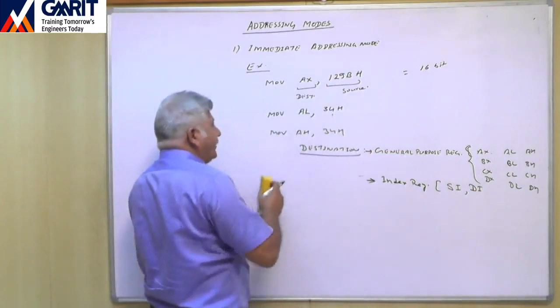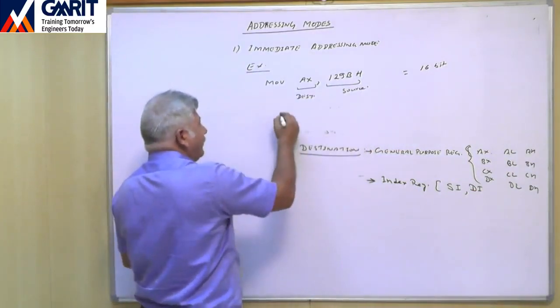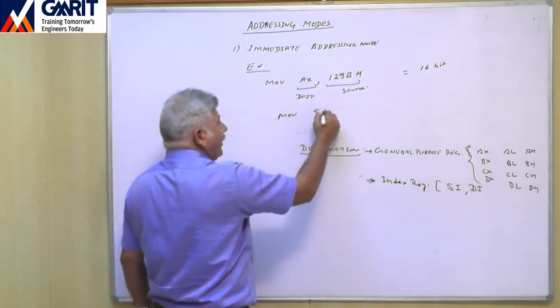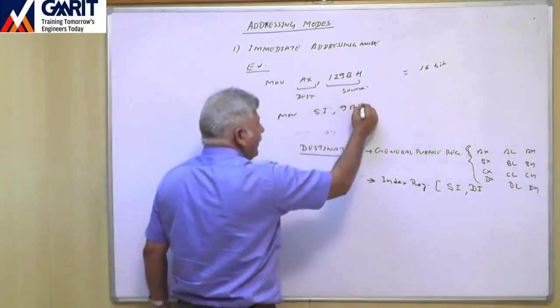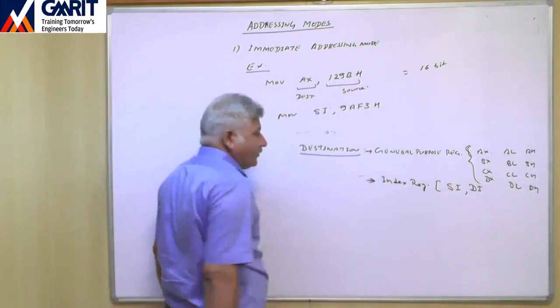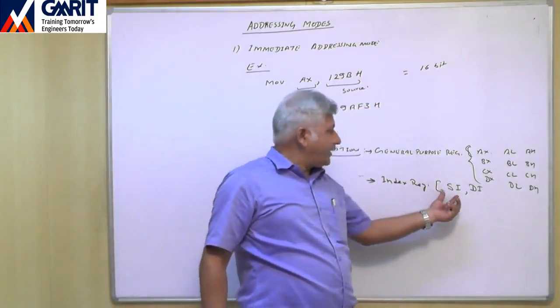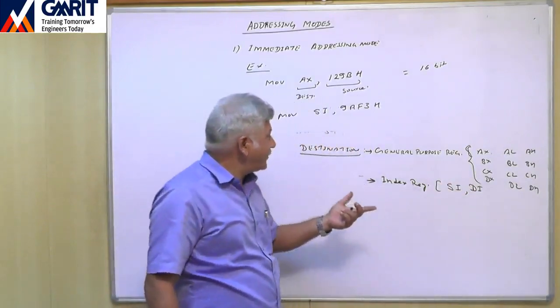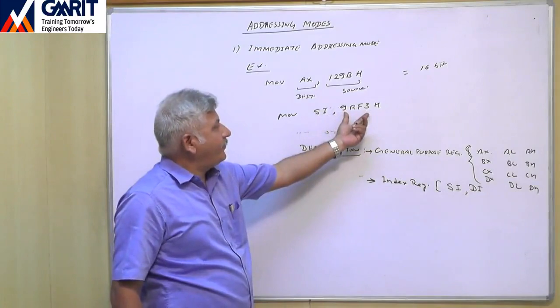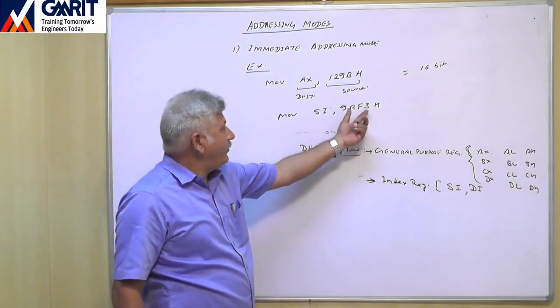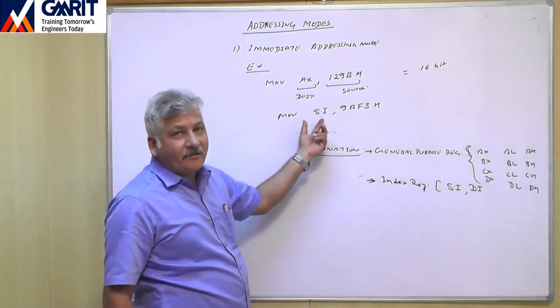So we can write this instruction, move SI, 9AF3H. So we know that SI and DI, all these registers are 16-bit registers. So in this case, 9AF3H, which is a 16-bit number, will be moved in SI register, right?